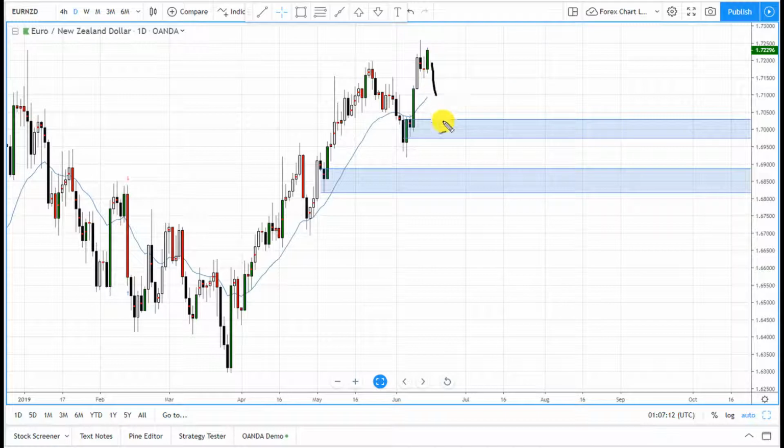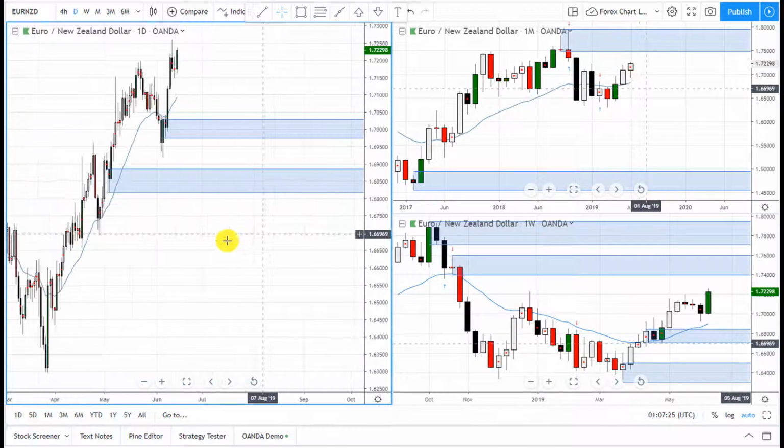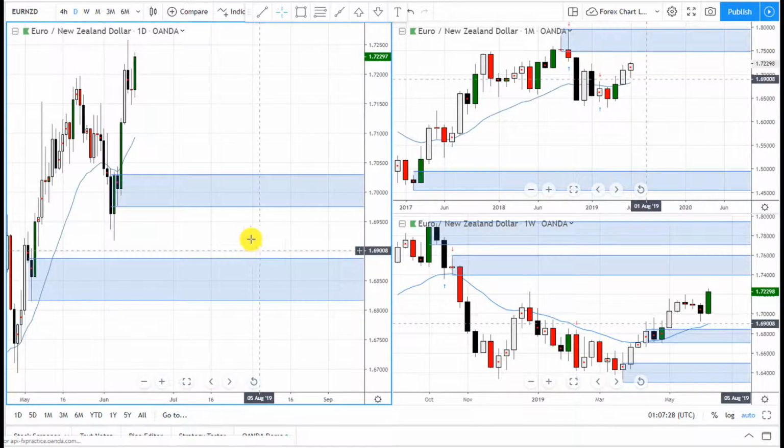If it just goes down, it might just break through it, because we want to see extended buying pressure.